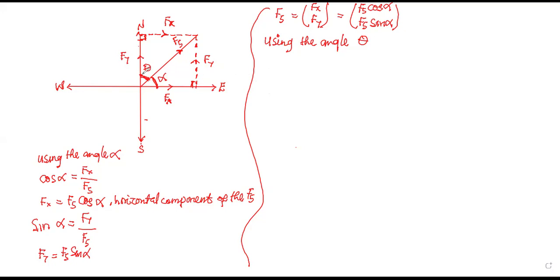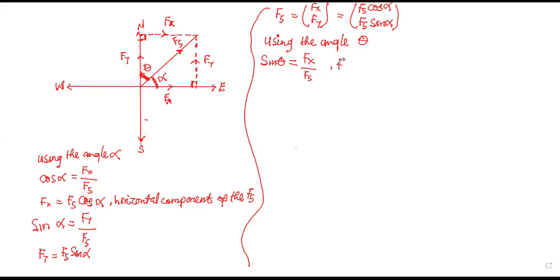Okay. So using theta, this side, you must use sine of the angle. So sine theta must be equal to the opposite, which is Fx, divided by the hypotenuse, which is F5.